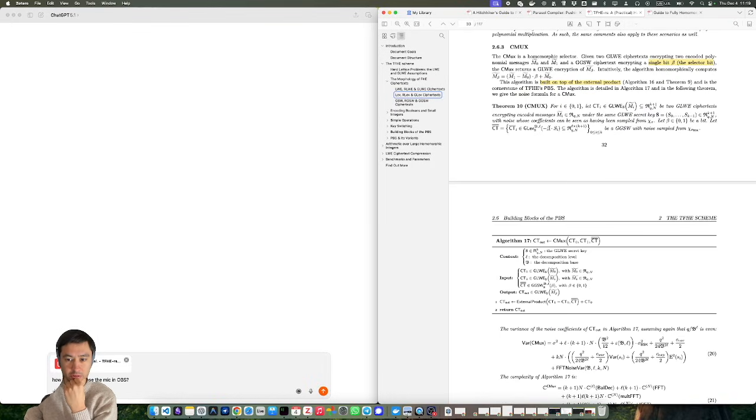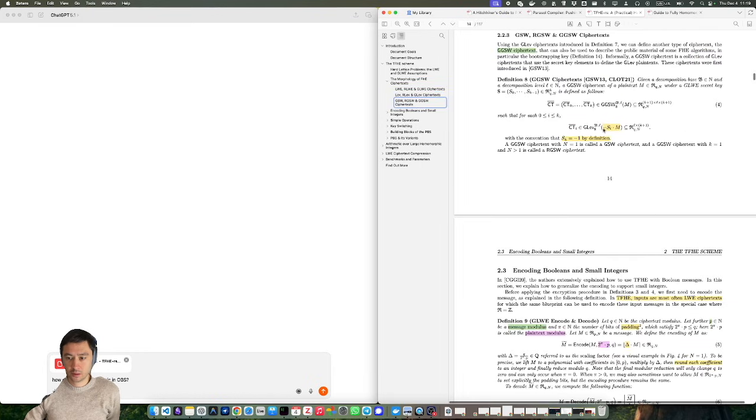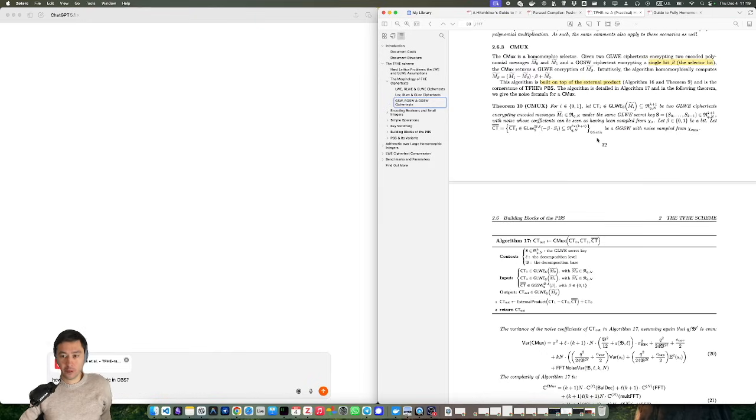It's kind of weird. Oh no, so we have to go back to GGSW, and we have a minus SI. It's -1 by definition. Never understood that part, but why is it not -1 suddenly? I don't know. That is weird.